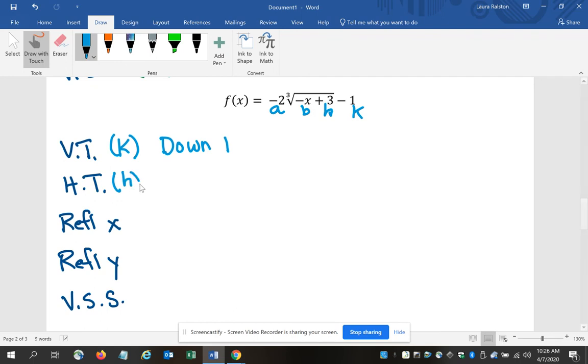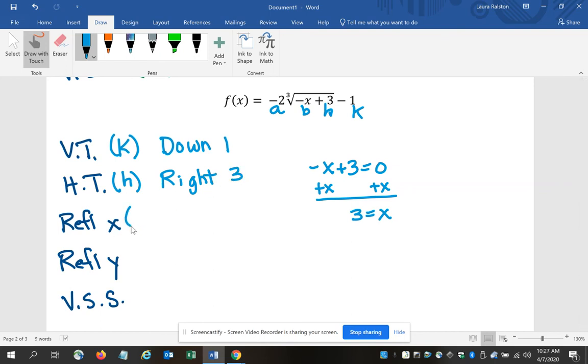Again, a lot of you missed the horizontal translation. That's why I encourage you to take the expression, in this case, -x plus 3, and solve for x. We add x to either side, so 3. I end up with a +3, which means we're going to the right 3 units. Reflection on x is determined by the sign of A. A is negative, so there is a reflection on x.